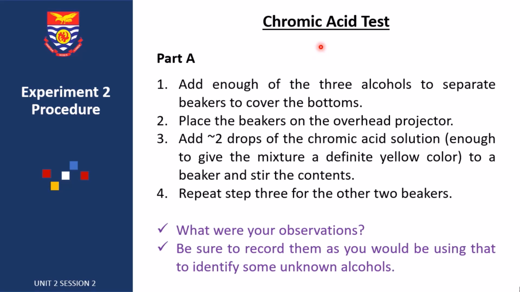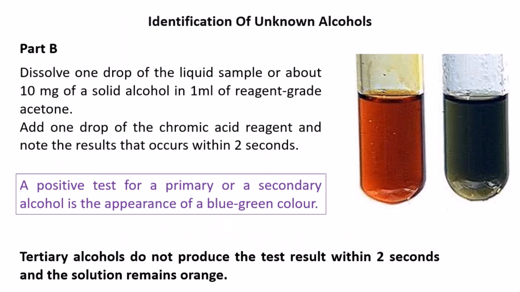In your experiment to identify your unknown as a secondary, primary, or tertiary alcohol, you add enough of your alcohol in 3 different beakers or test tubes. Then you add your chromic acid solution to it and observe the color change. A positive test should give you this blue-green color.